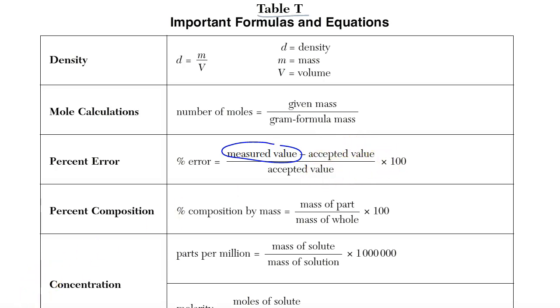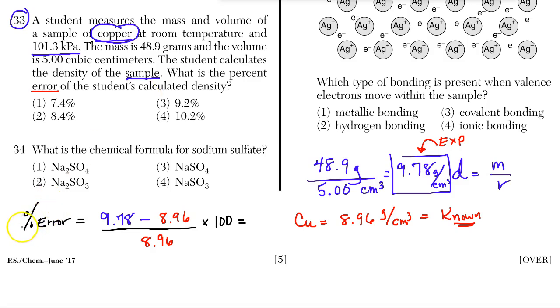Let's do it. So using the formula from table T, 9.78 minus the accepted, 8.96, divided by the accepted, times 100. Put that in your calculator, I get 9.15% error, which rounds to, at least in this case, 9.2, which is choice 3.